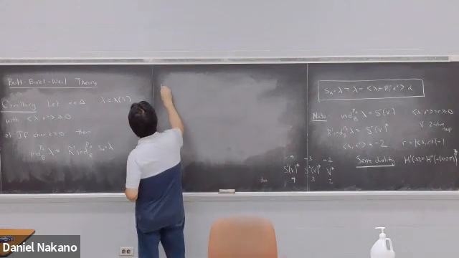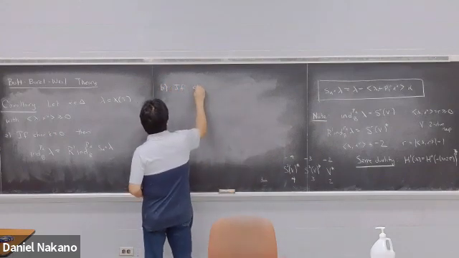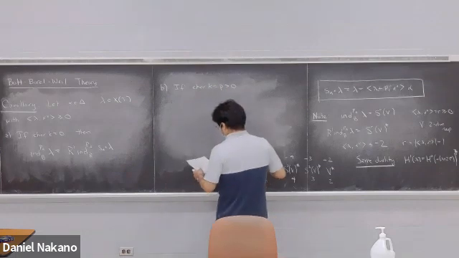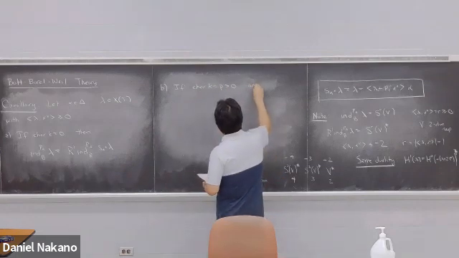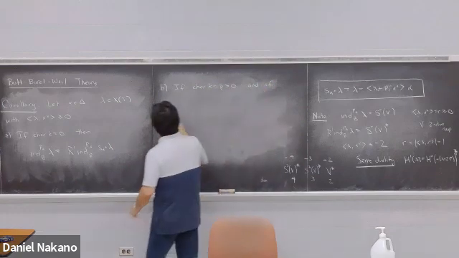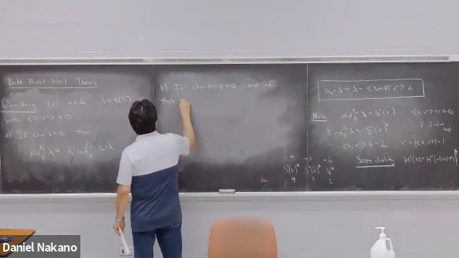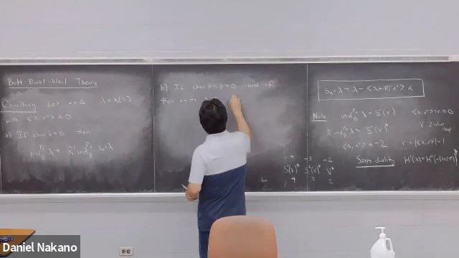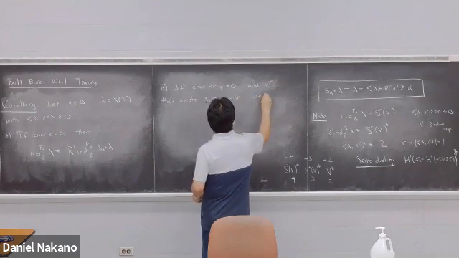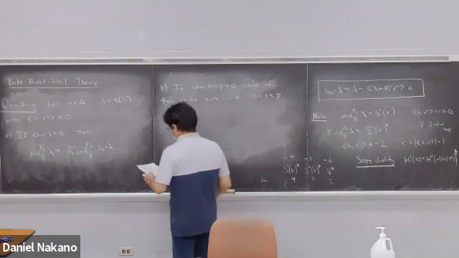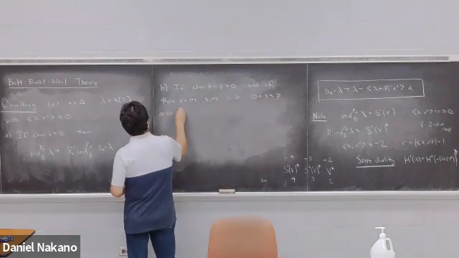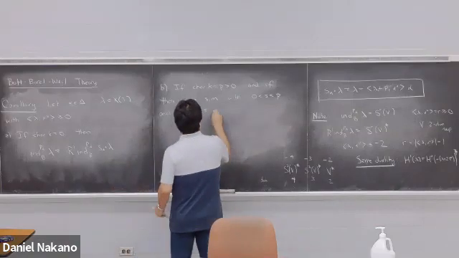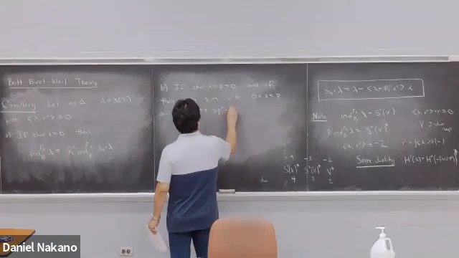Okay, so B, if the characteristic is P, and if there exists S and an M with, okay, so first of all, the S has to be between 0 and P, and the weight is of the form S P to the M minus 1.